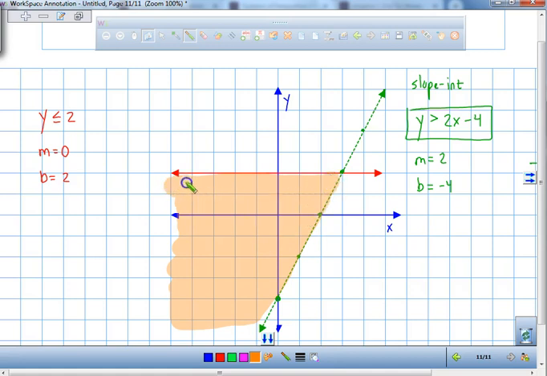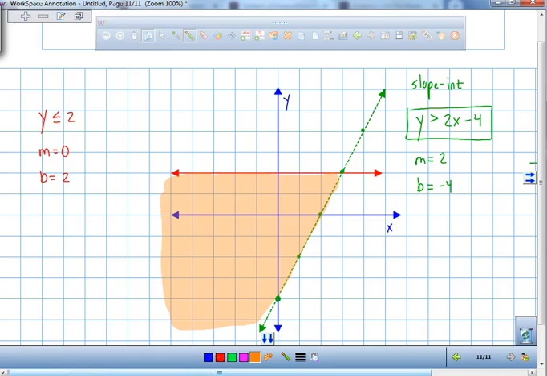Now I kind of crossed over there, but there we go. The reason I wanted you to do this one is to make sure you know a horizontal line is always a y equals, just like a vertical line is always an x equals. All right, so this is your solution region.